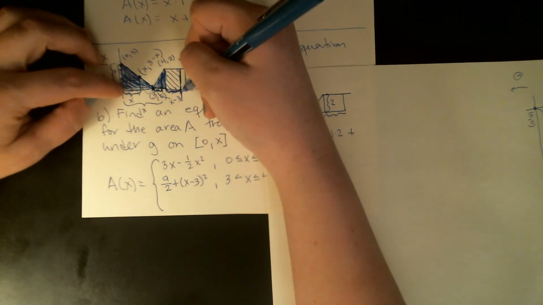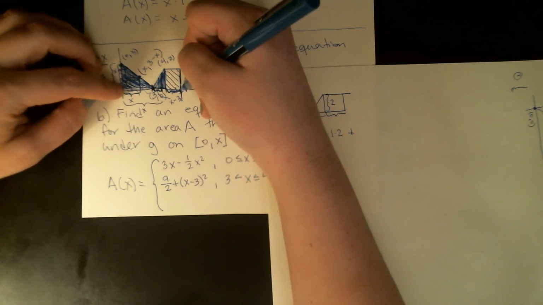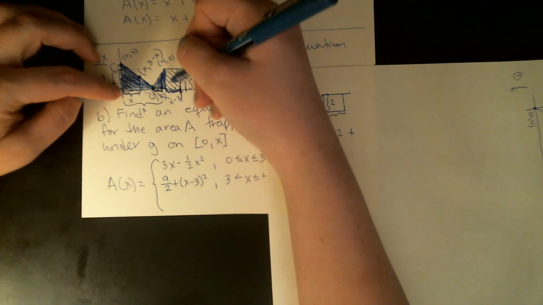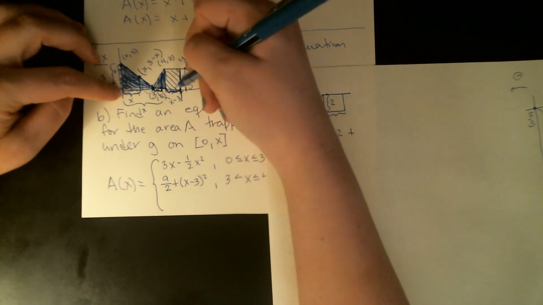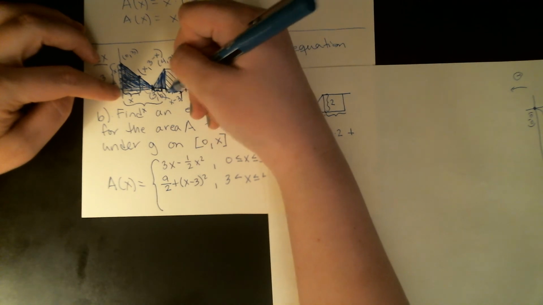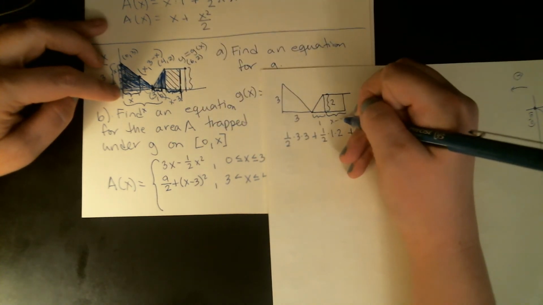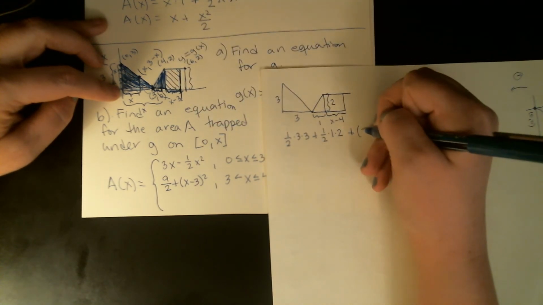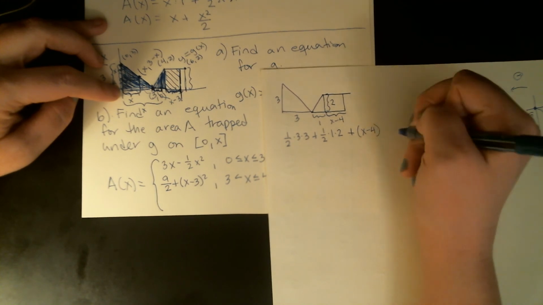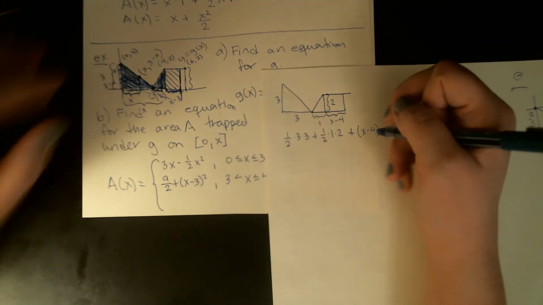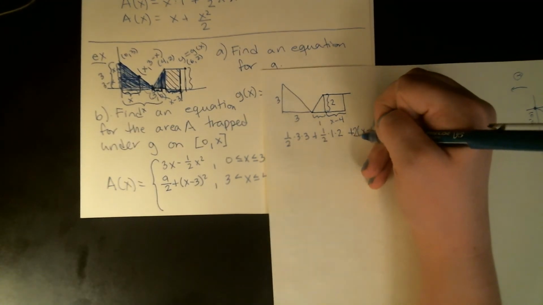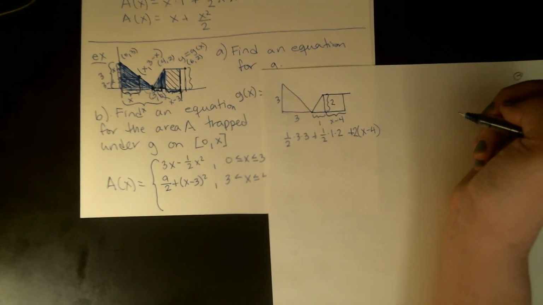So x goes all the way from here to here. I know that from here to here is 4. So this is x minus 4. So the base of my rectangle is an x minus 4. The height of my rectangle, that part's actually easy. It's a rectangle. This is a horizontal line. It's always 2 tall.